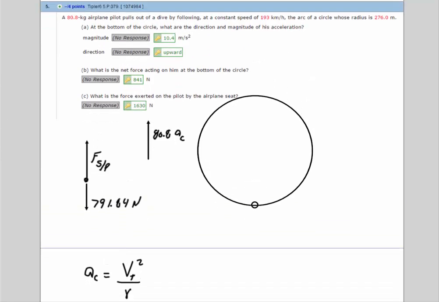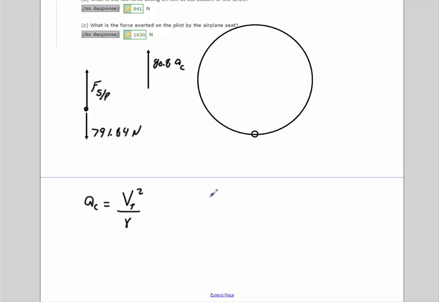You're doing 193 kilometers per hour. So I'm going to take 193 kilometers per hour and convert that back to meters per second. So here I'm going to have 1,000 meters over 1 kilometer. I have hours in my denominator, so I'll put 1 hour up here and 3,600 seconds down here.